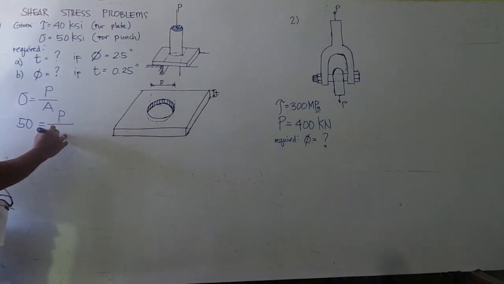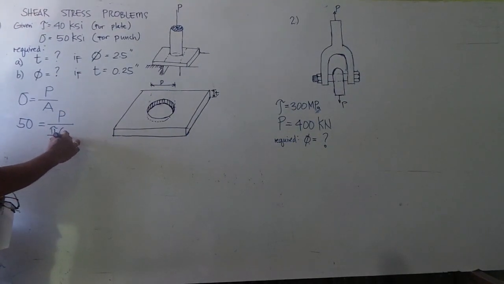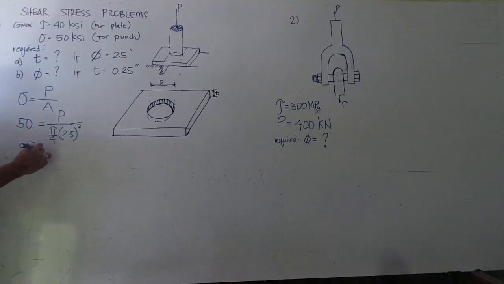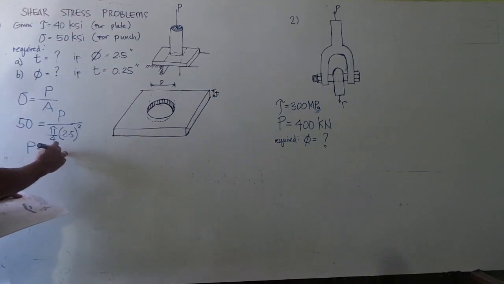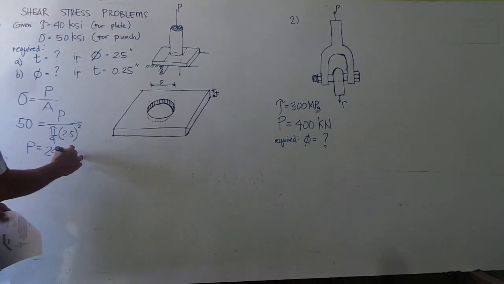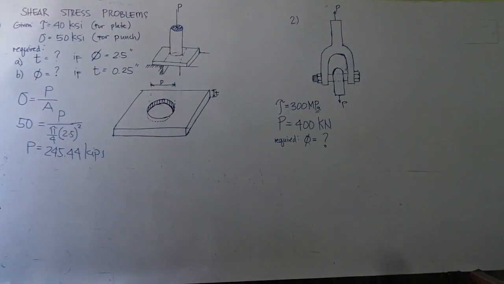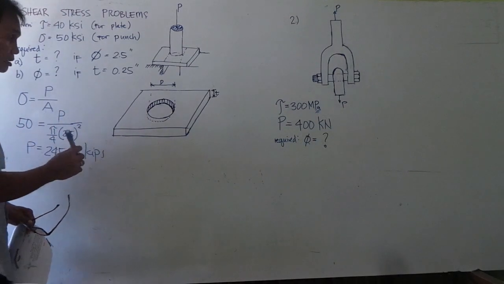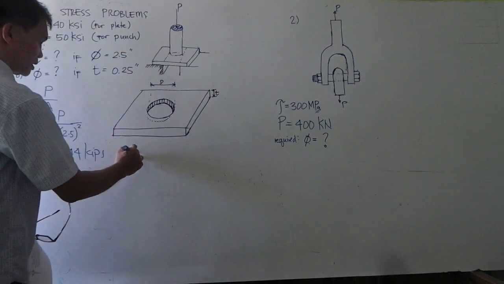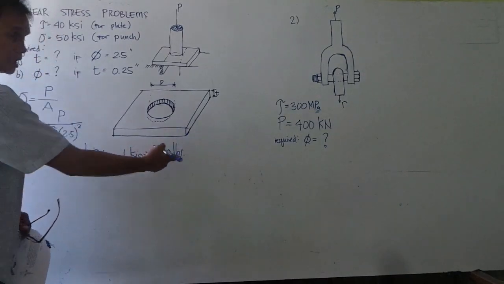So you have pi over 4 times the square of the diameter, 2.5 squared. Then you will have the value of your P, which is equivalent to 245.44 kips. Take note that 1 kip is equal to 1,000 pounds. That's the equivalent.